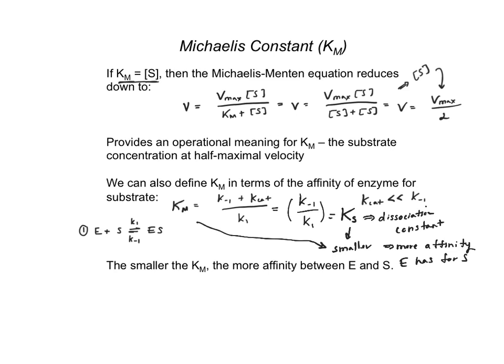Right, because if we're thinking in terms of a dissociation, the smaller the Km, the less there are of these guys at equilibrium, and so the more we have in the form of this enzyme substrate complex. So this gives us a good idea of the overall affinity that our enzyme has for substrate.